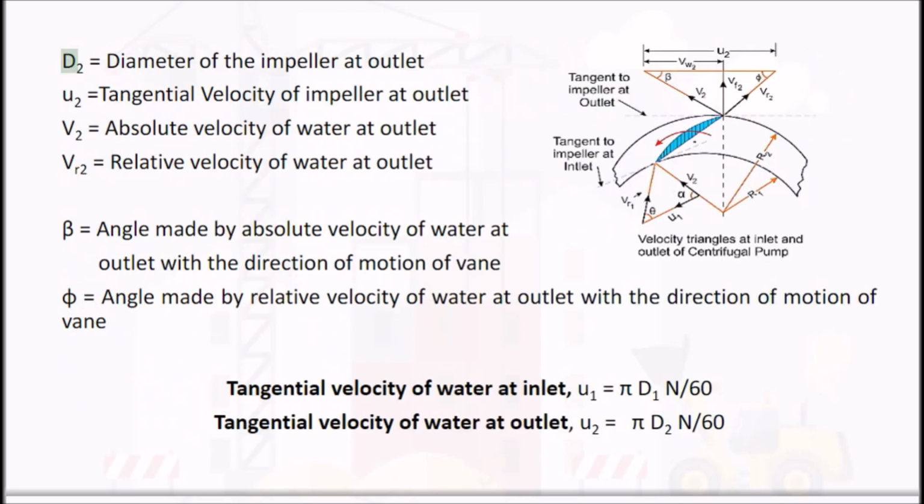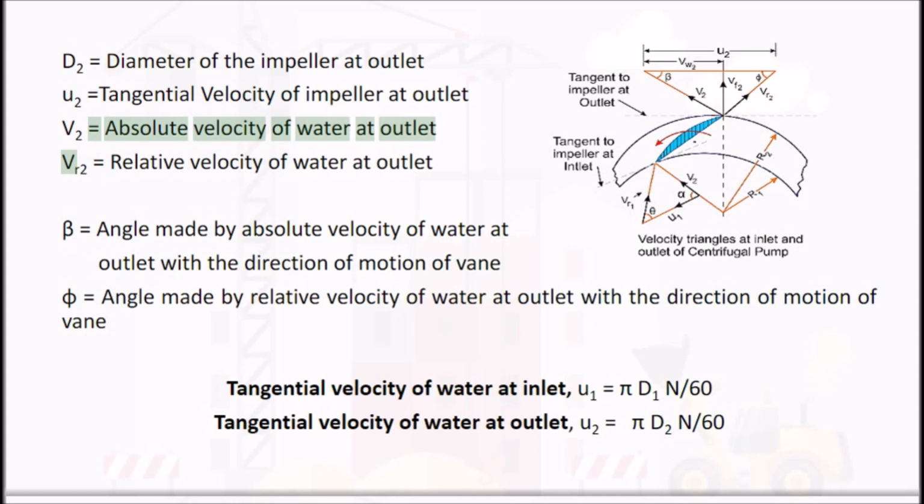D2 equals diameter of the impeller at outlet. U2 equals tangential velocity of impeller at outlet. V2 equals absolute velocity of water at outlet.